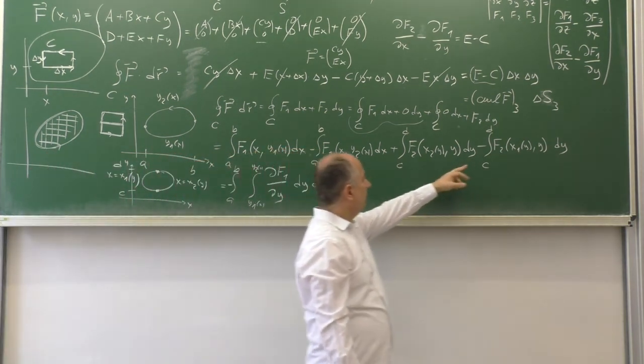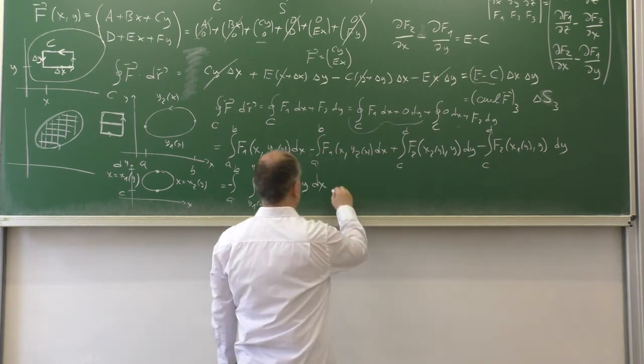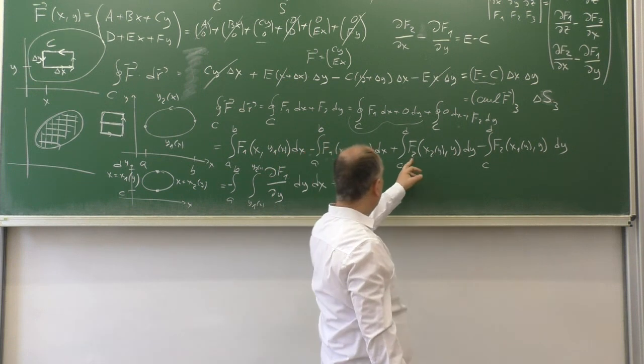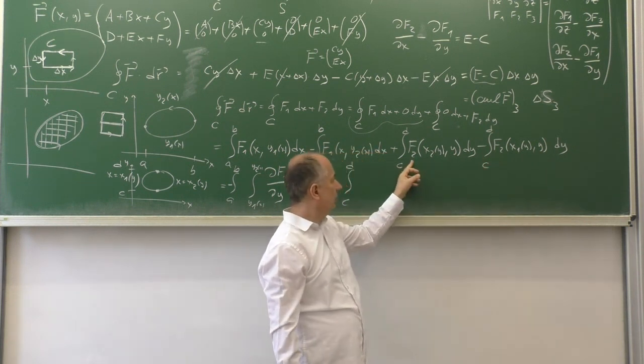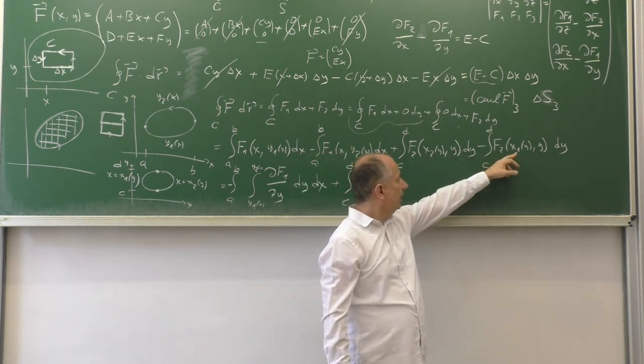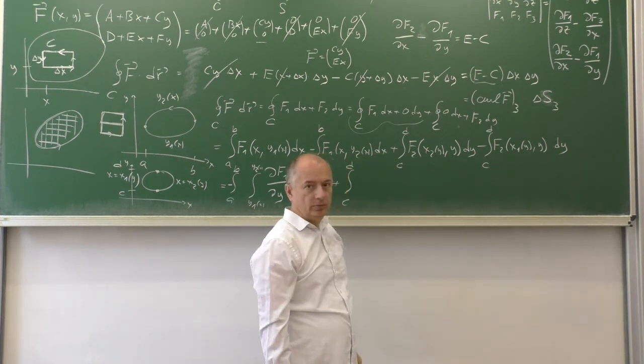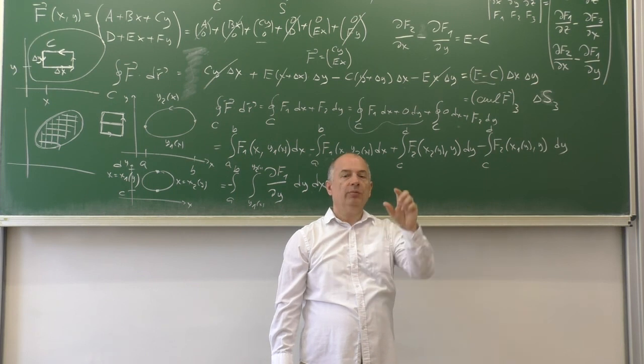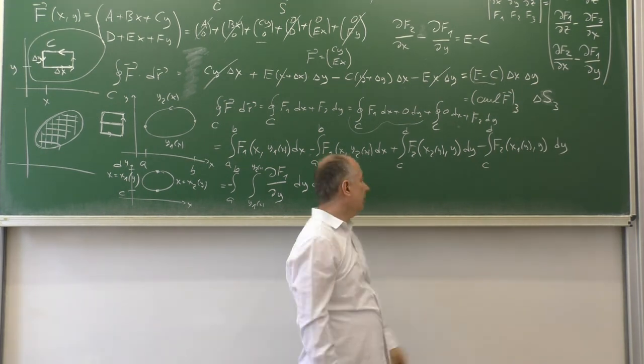And we can do the same for these two terms. Here we have again a difference of f2 at two different arguments, x1 and x2. And the difference of these function values can be written as the integral of the derivative.